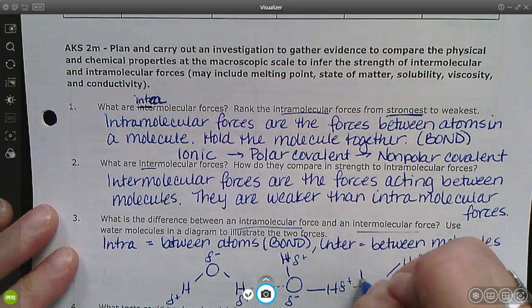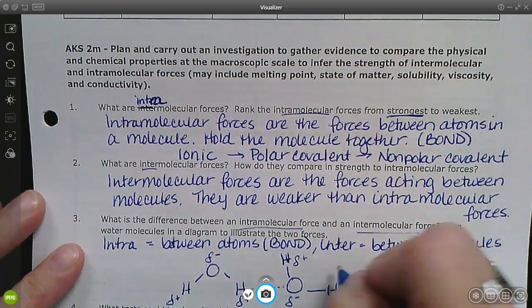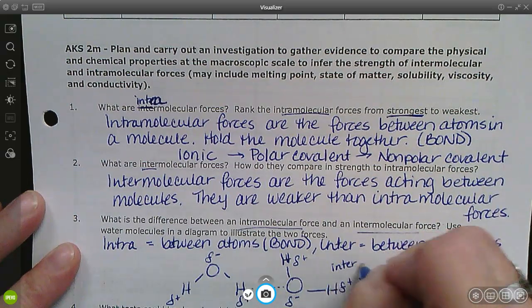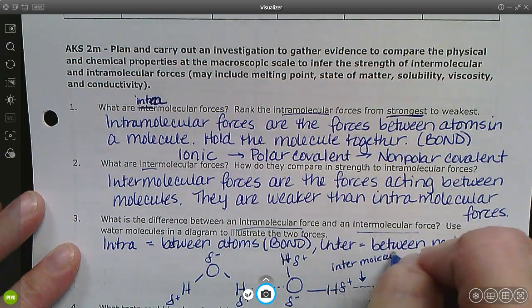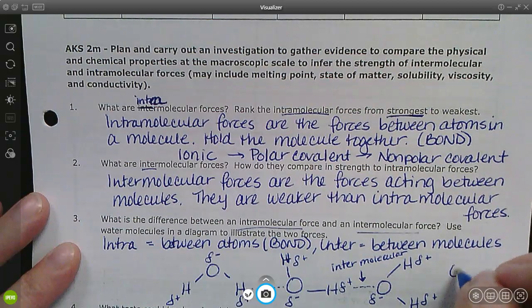Where this bond right here, the dotted line, is an intermolecular force. And it's a hydrogen bond.